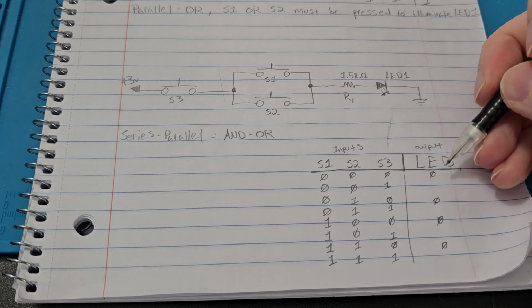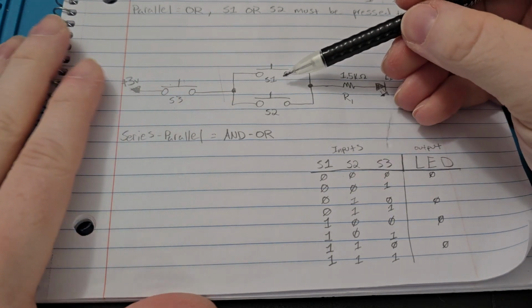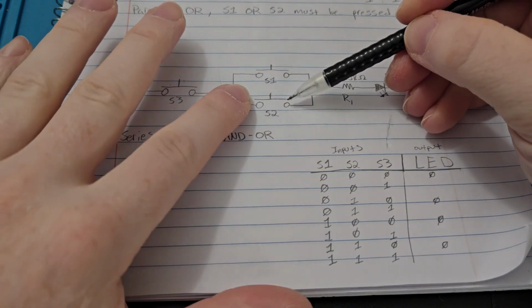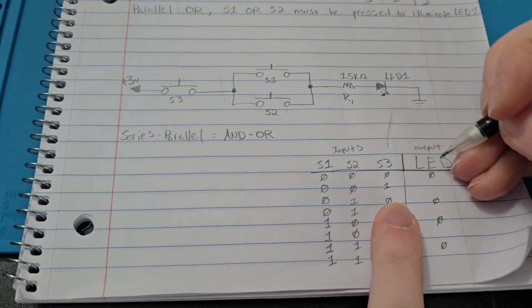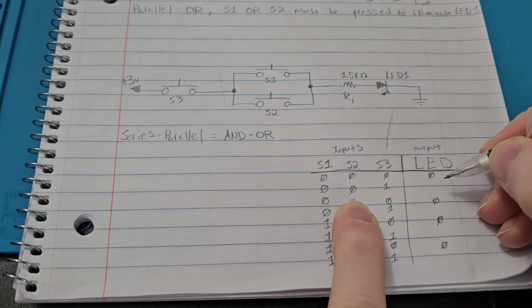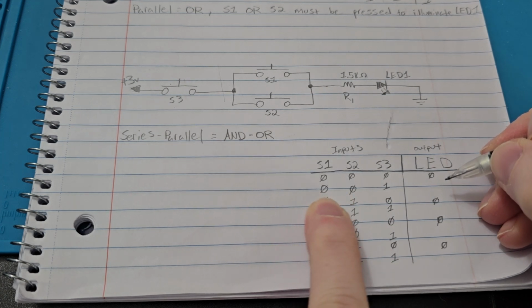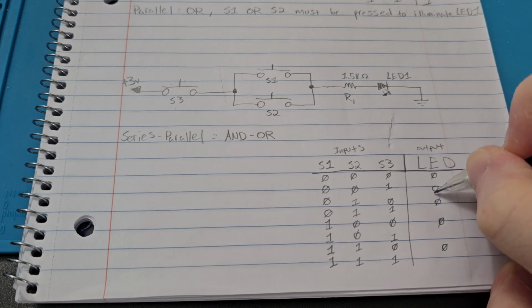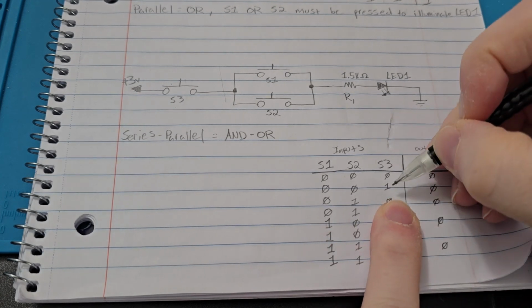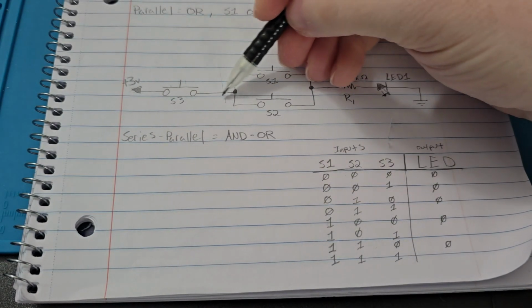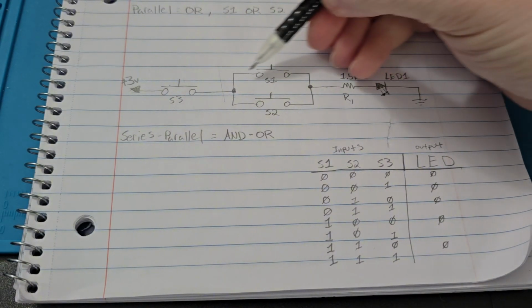Okay. And we also know that either switch 1 or switch 2 must be closed. So let's see right here. Switch 1 and switch 2 are both open. So this will be a 0. Even, right? Because even though switch 3 is closed, with both of these open, current can't make it either way.